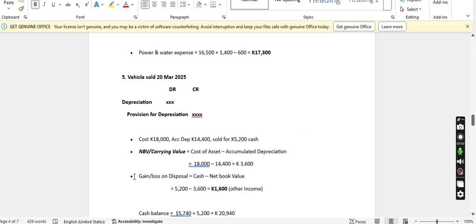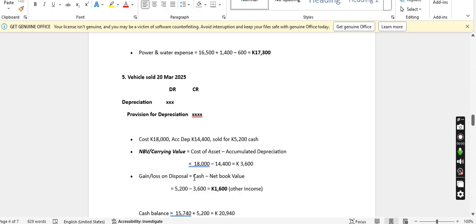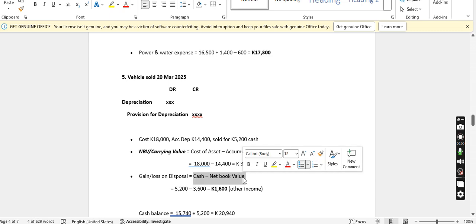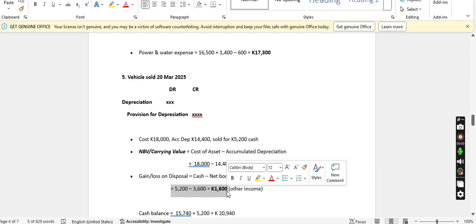So to get your gain or loss on disposal, it is cash minus the net book value. So we were paid 5,200 for a van with a net book value of 3,600. So the gain we made on the disposal of this asset is 1,600. So this gain, we're going to add it to our profit in the income statement.